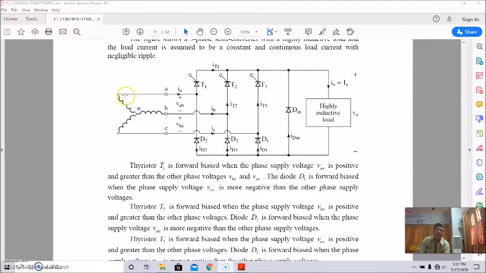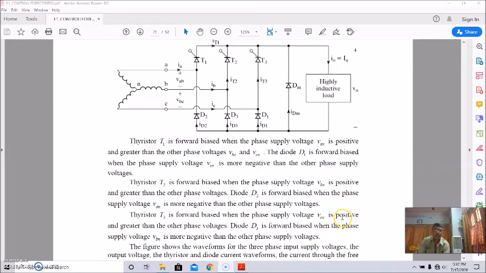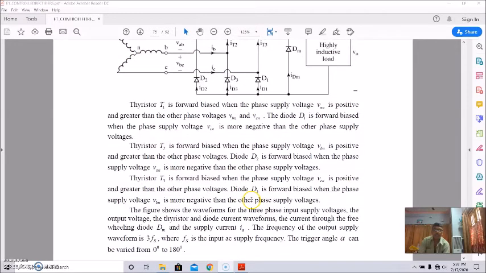Thyristor T3 is forward biased when phase supply voltage VCN is positive and greater than the other phase voltages, and diode D3 is forward biased when the phase voltage VBN is more negative than the other phase supply voltages. So this will be like this, as I told you, and this is the current path.